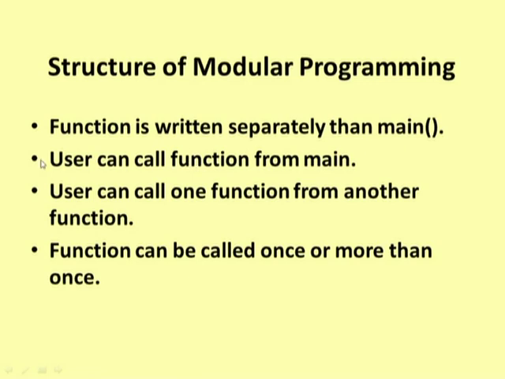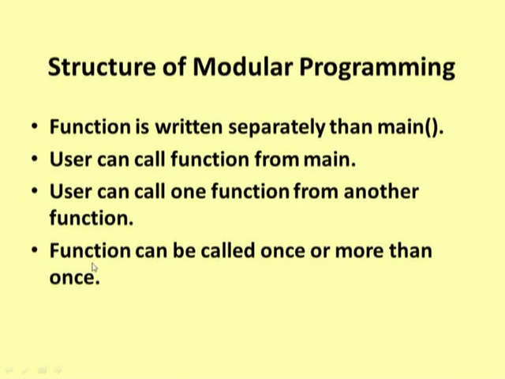Okay, second point, that is, the user can call a function from main. As in the previous example, the drawLine function will be called from the main, and the routine for drawLine is written separately. The third point, that is, the user can call one function from another function. So if I have 3 or 4 functions and I want to use one function from another function, I can call it.